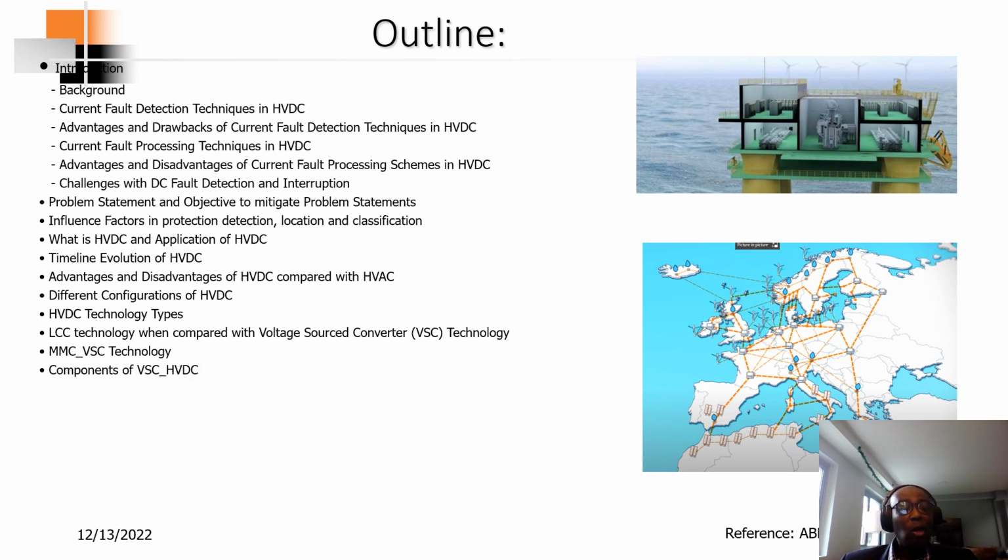Next, we'll talk about the components of a voltage source converter. Then the general equation for power transfer in a voltage source converter HVDC transmission system. Then we'll talk about the control schemes for the voltage source converters. Then the different types of wind turbines that we have.